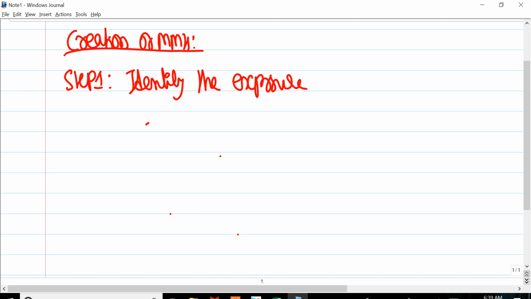The steps can be a little different from what I have given there. Broadly the same thing we are going to discuss. Identify the exposure. What is the exposure we have? You have to write receivable or payable and the amount. Is it a receivable or payable? Receivable of which currency? USD 3,50,000. Any doubts on this?